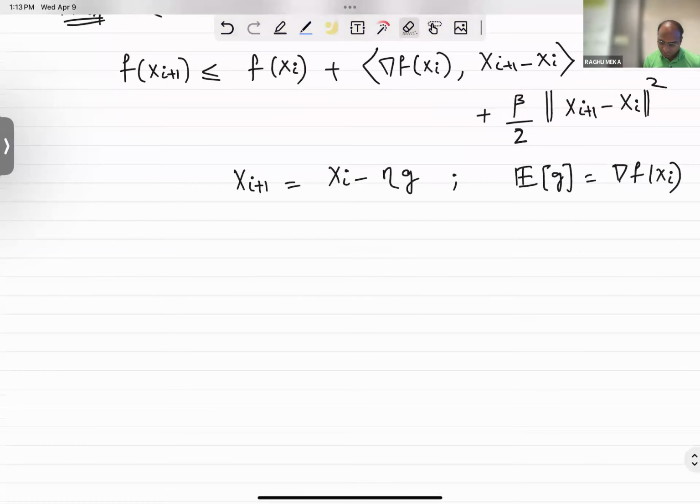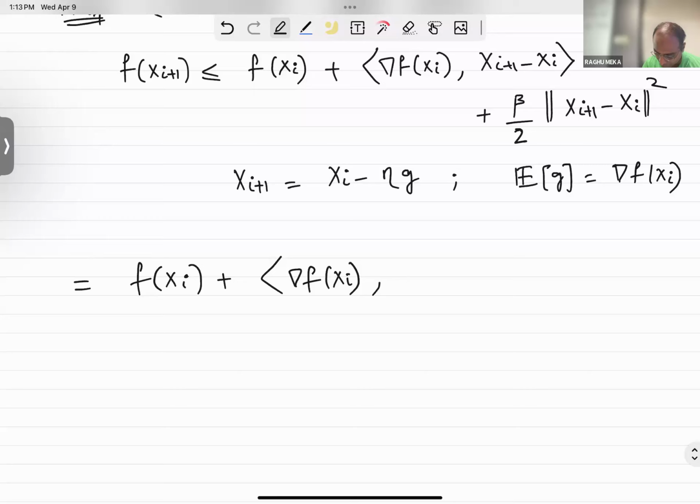So now you just get f of x_i plus gradient f of x_i, comma, negative g, plus beta over 2 times eta times norm g squared.